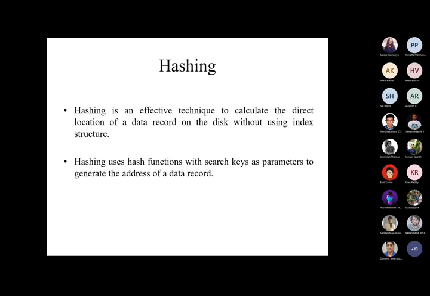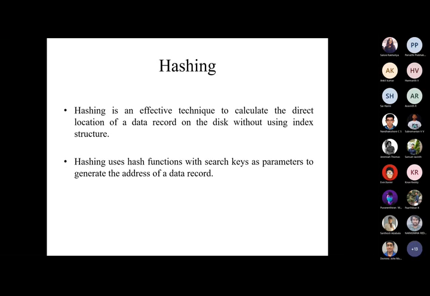So generally we use indexing to retrieve the records in a faster way. An index structure consists of a search key as well as a pointer to the particular record, right? In addition to indexing, we can also use hashing to calculate the direct location of a record on your disk, right?